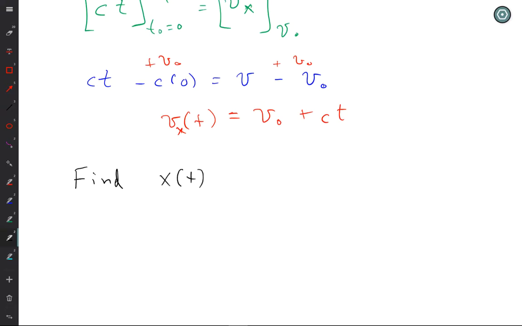When you're separating the variables to do the integration, yes.